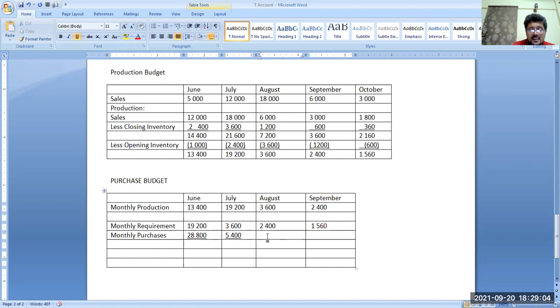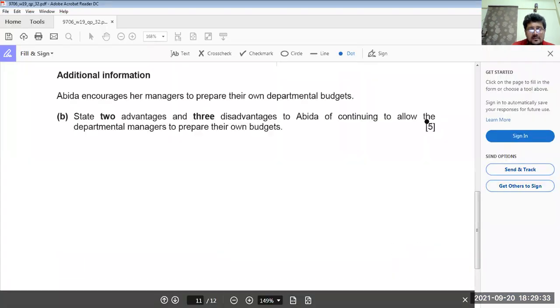For August, 2,400 multiplied by 1.5, we need 3,600 kilos. And for this one, 1,560 multiplied by 1.5 kilo, 2,340. Done.